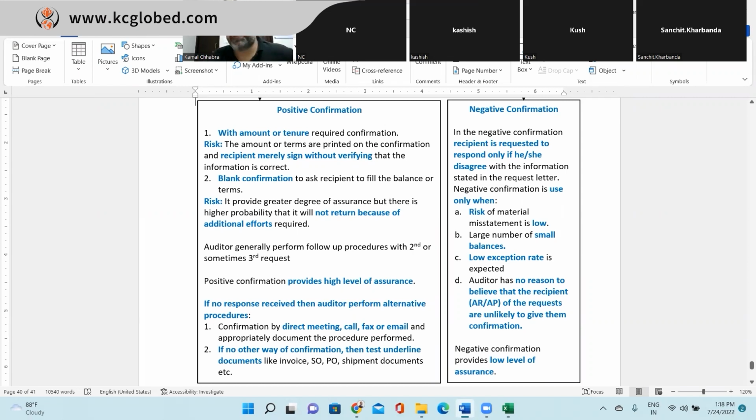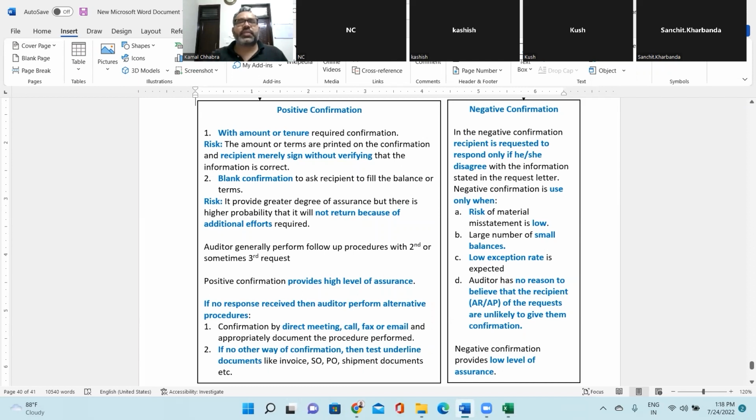There are two types of positive confirmation as well. One is with amount, the other is without amount, a blank confirmation. The first one is with amount or terms, requiring the confirmation. In this, you will write something like $10,000 is due to you for these many days. You send this confirmation requesting them to please confirm the balance due.